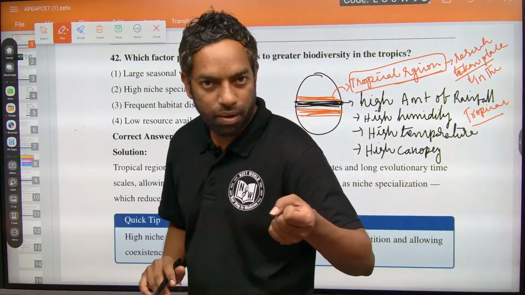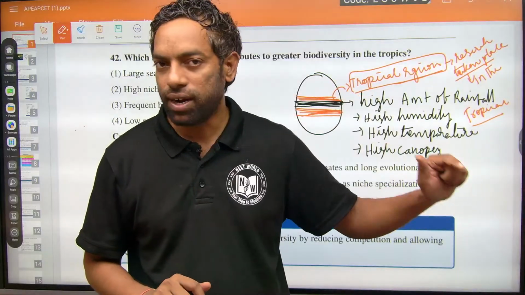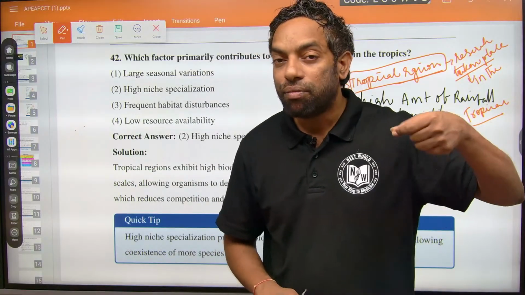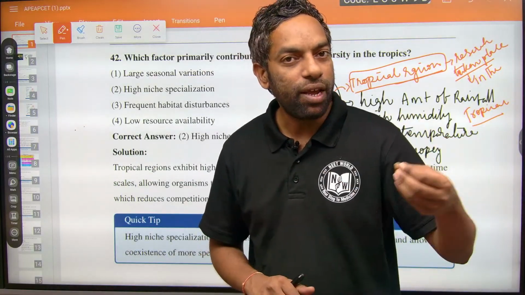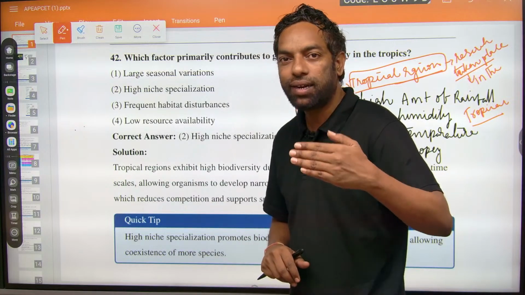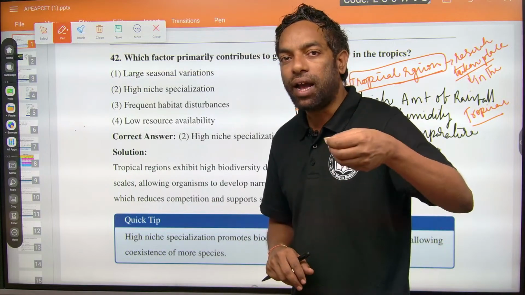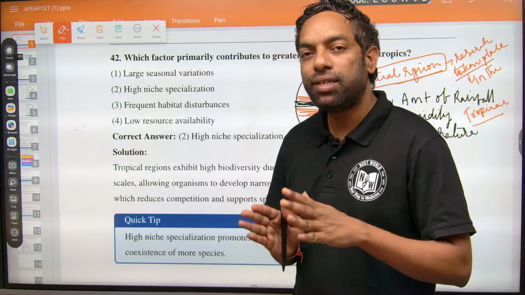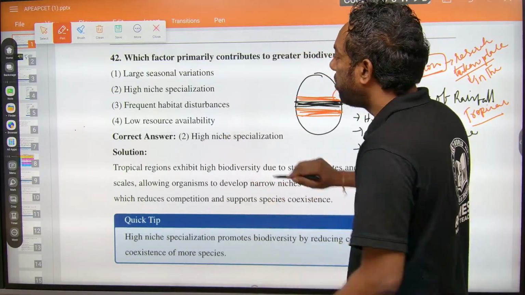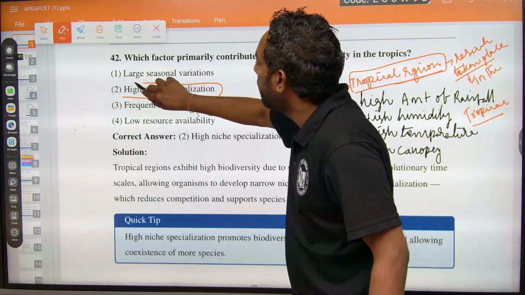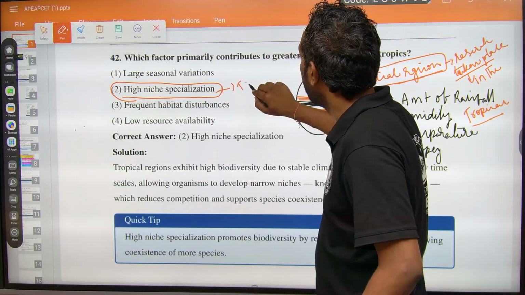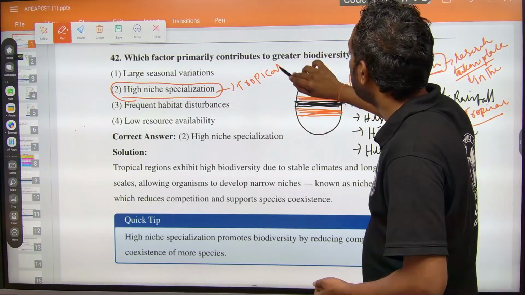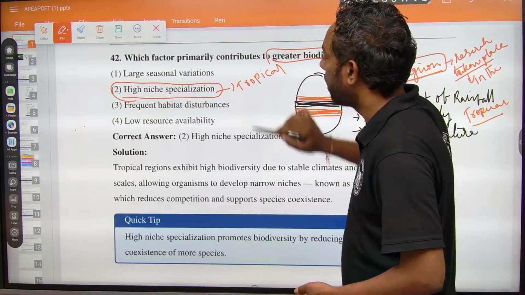Actually, there is greater biodiversity in the equatorial region also, but the equatorial region is not suitable for research to find the various variations of species. The adjacent tropical region is highly suitable for research to find different species. So this variation of niche, high niche specialization, is in the tropical region only, and greater biodiversity takes place in the tropical region.